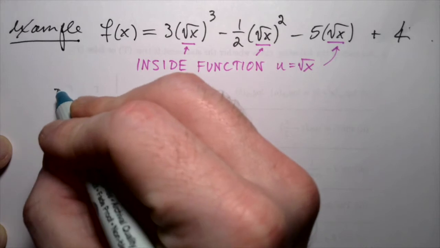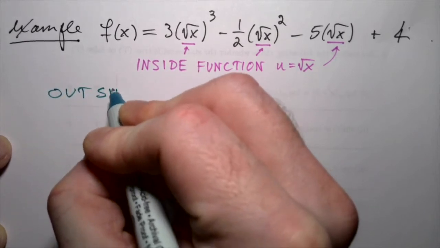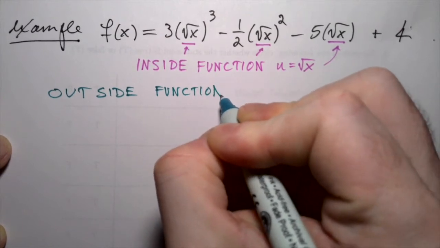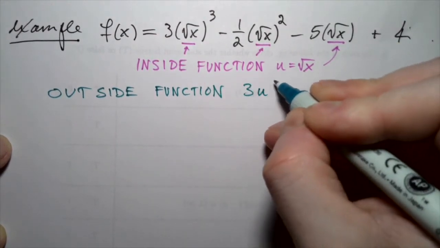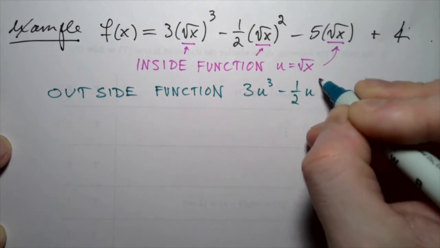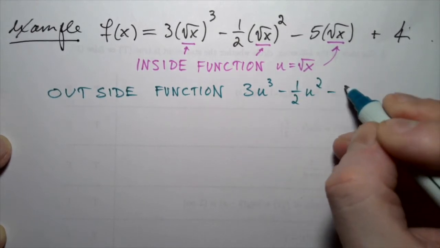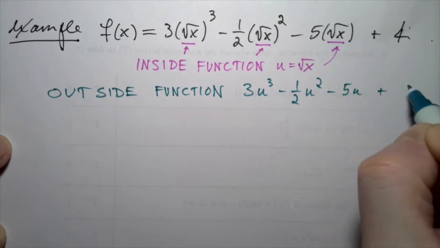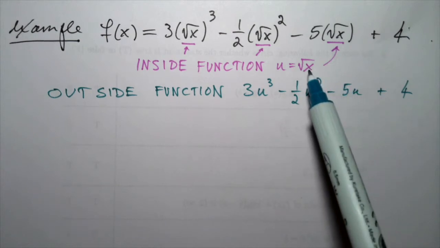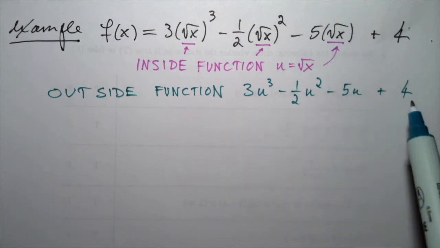So the outside function here is going to be 3u cubed, remember, u is just shorthand for the square root of x here, minus 1/2 u squared minus 5u plus 4. So it might not have been so obvious that this was a composition, but it is in fact the composition of these two functions. It's first the square root function, that's the inside function, and then this polynomial.